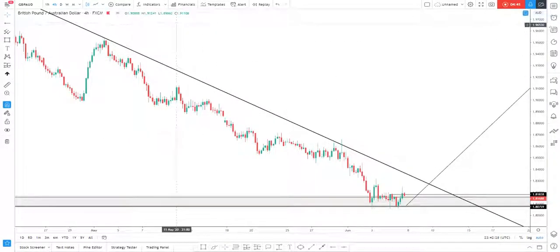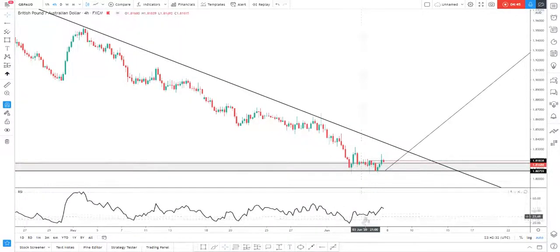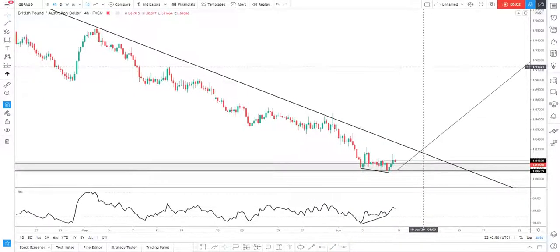Now I would love to get my RSI back on here, and yes, we have a divergence, a bullish divergence to be precise. Knowing that there is a bullish divergence on this time frame, it's another confluence for us that there is a tendency for price to move higher on GBP AUD.